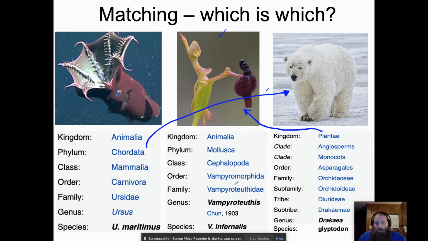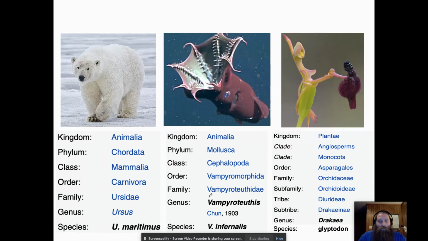The order, and this is an interesting one, is Vampiromorphida, so vampire-shaped. Family, Vampyroteuthidae, so vampire teeth. Genus is Vampyroteuthis, and the species is infernalis, like the Inferno, so like the vampire hell tooth or vampire toothed hell would be the vampire squid right there.